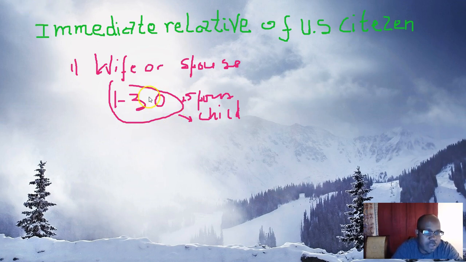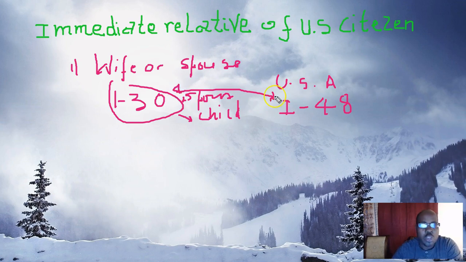What other advantage is there for the spouse of a US citizen? If the spouse is already in the USA, you can adjust the status in the USA. You have to file another form, the form I-485, and you file those two forms together. So this person doesn't need to move back to his home country, and the green card can be processed in the United States.